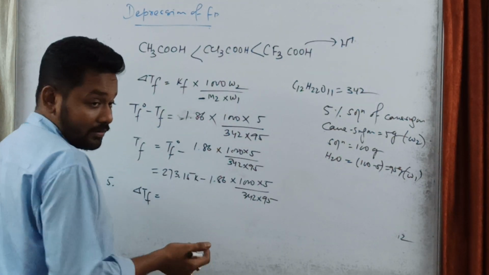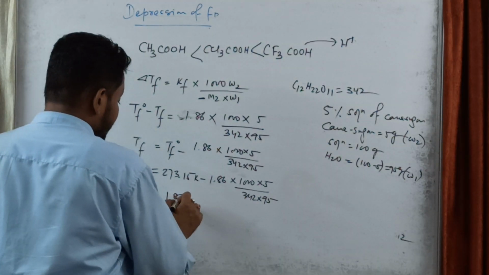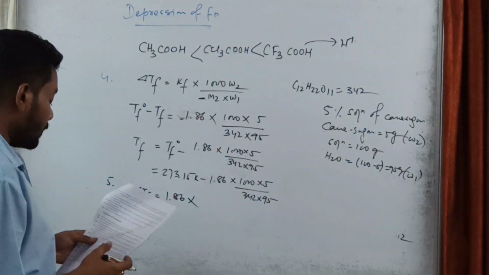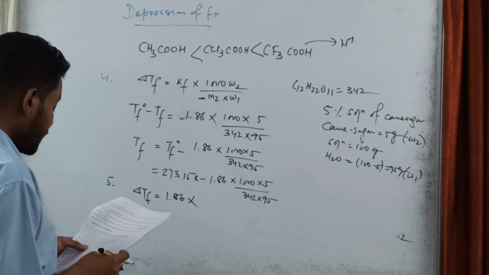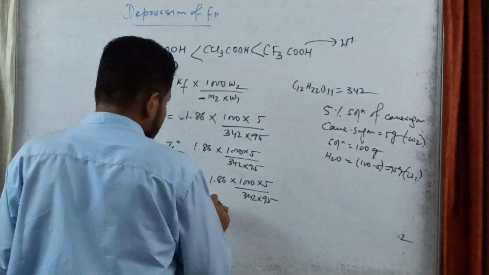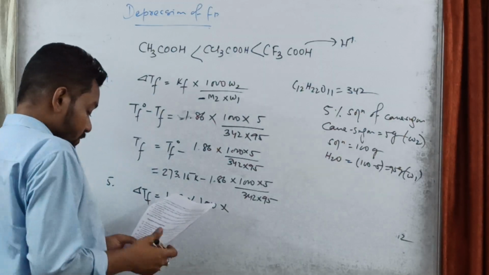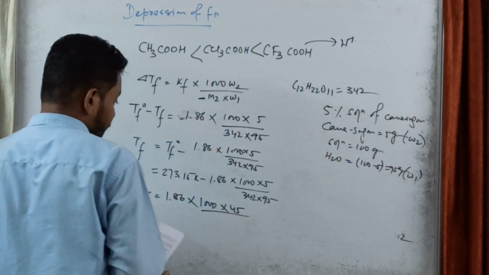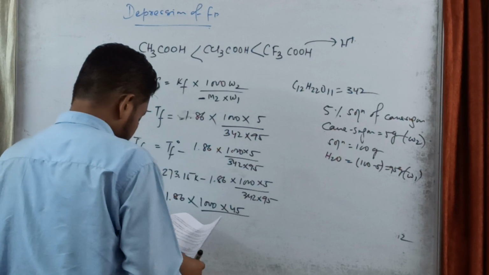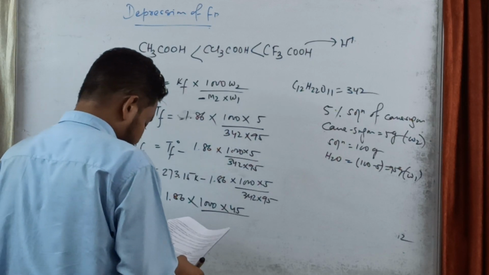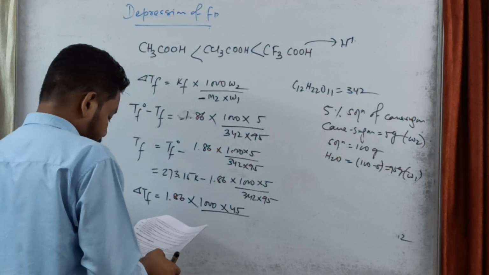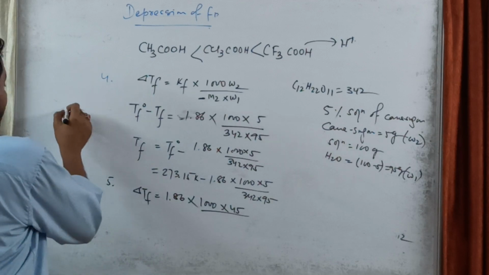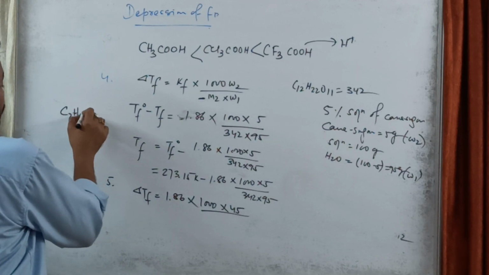See, the value is not given. And you see your CBSE board question, whatever we are doing. 1.86 multiplied by 1000 into W2. W2 is the weight of the solute, 45 gram, divided by M2. What is the M2 value? They have said the solute is C2H6O2.